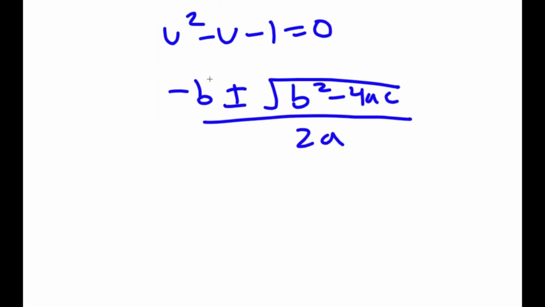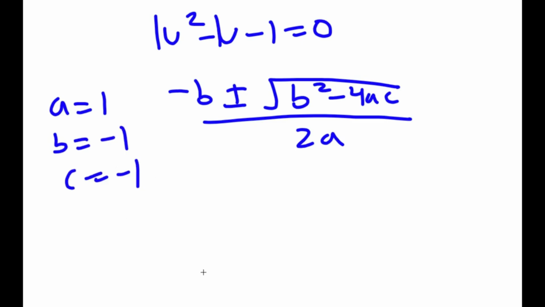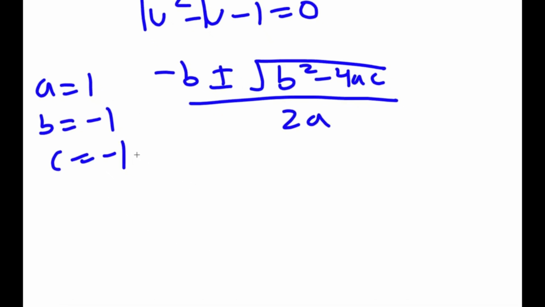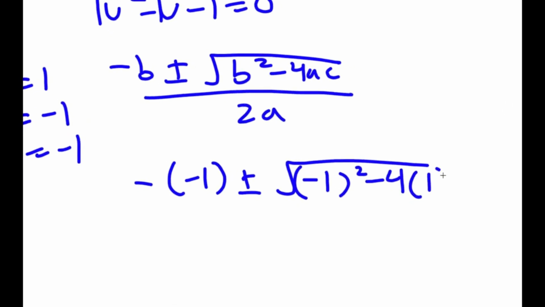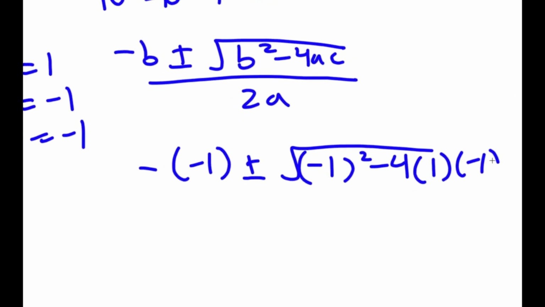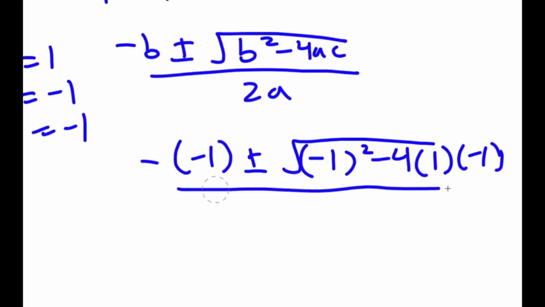So in this case, a is equal to 1, b is equal to negative 1, and c is equal to negative 1. If I plug these values in, I have negative 1 plus or minus the square root of negative 1 squared minus 4 times 1 times negative 1, all of this divided by 2 times 1.